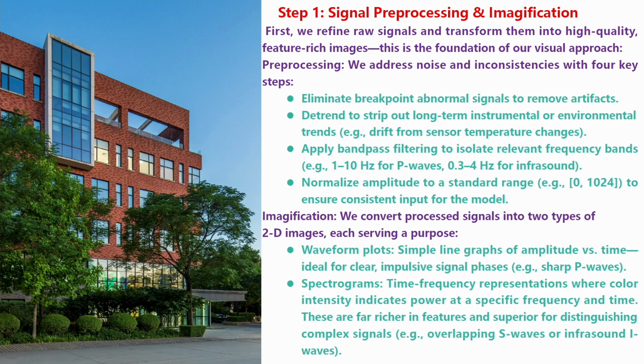After doing this, we perform magnification. We convert processed signals into two types of images. One is a simple version, just a waveform plot. It is faster for the algorithm.